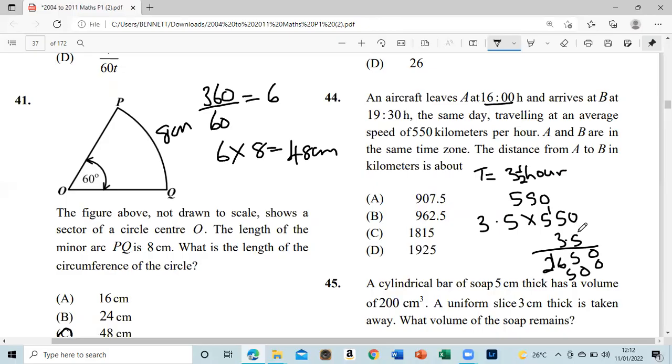What would I multiply? Alright, tell you what, let's multiply this by 3 and then we halve it.